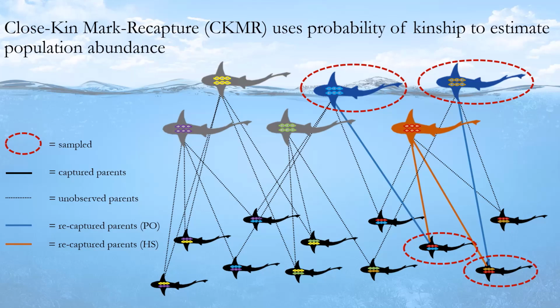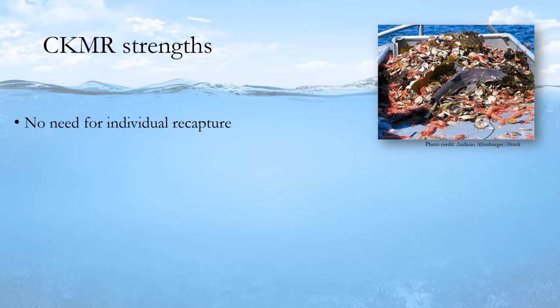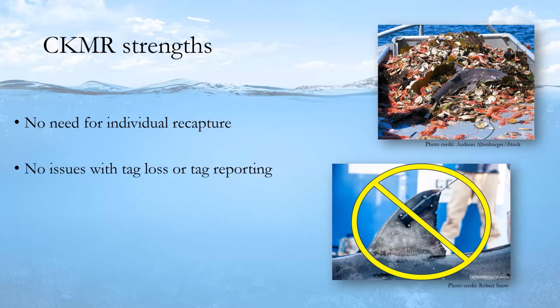So the method is exciting, and it has some major advantages relative to more traditional abundance estimation methods. A big one is that there is no need to recapture any individual animal with CKMR. This means that we can use CKMR in circumstances where samples are obtained lethally, like in fisheries, or where individual animals are unlikely to be observed more than once. There are also no issues with tag loss or tag reporting because the tags are encoded in DNA.